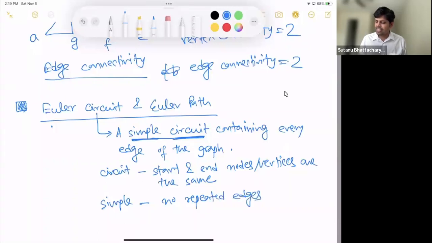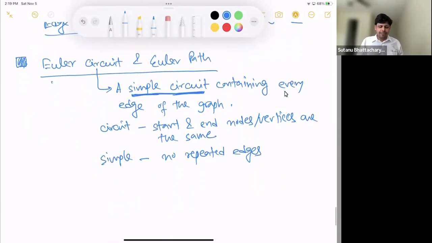So there should not be any repetition of edges. So you need to find a simple circuit which contains every edge of the graph. In that example, edge means that bridge. So you need to traverse all bridges exactly once, and you need to come back to your starting point. So that is Euler circuit.